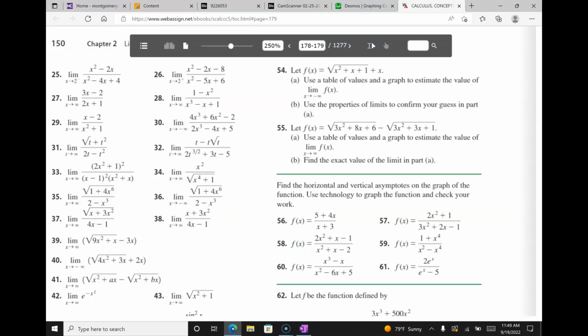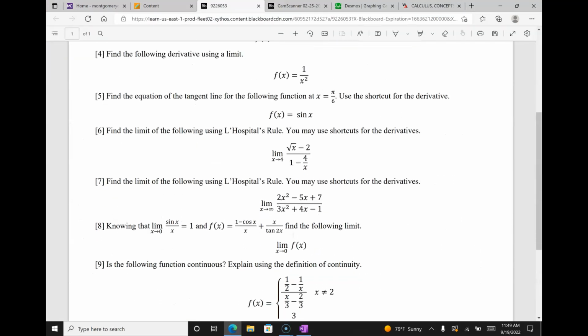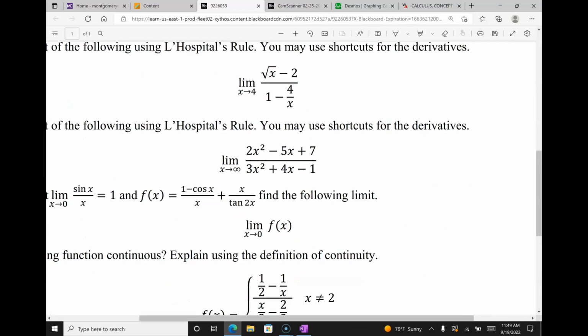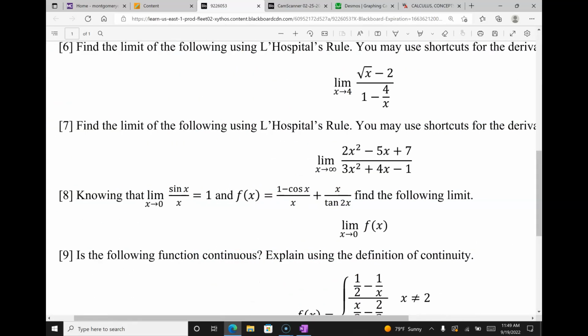What's the answer to that one there? Number 7. Answer. 2 or 3.